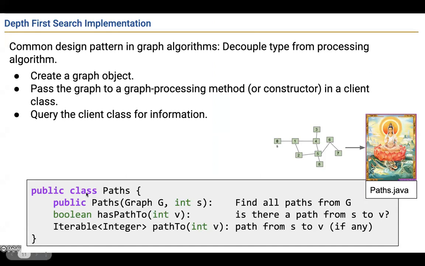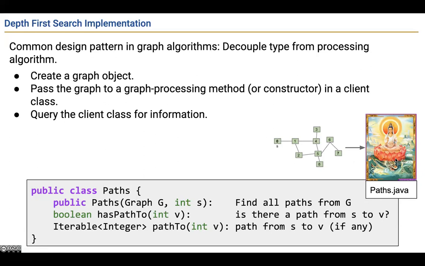If you think of classes or objects as representing things in the real world, I have an object representing a graph, I have an object representing a dog. You could think of this object as a wise bodhisattva, a really wise creature that knows all about a graph. So you create a constructor and pass in a graph and a starting vertex, and you give this to the bodhisattva, and she thinks really hard about the graph.